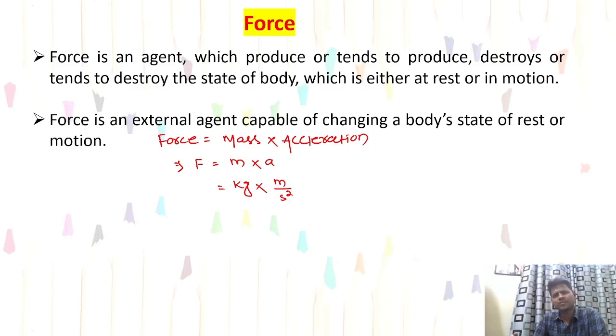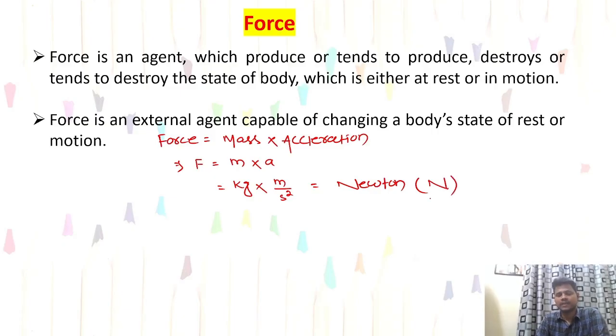If I have to say 10 kg into meter per second square, 5 kg into meter per second square, instead of saying this, we'll name it Newton, symbolized as capital N. That means the unit of force is kg meter per second square, but if someone says the unit of force is Newton, it is the same thing. Newton means kg into meter per second square.